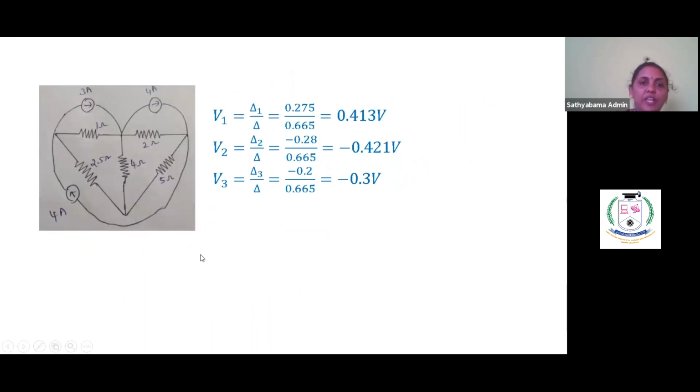Okay. Now after this you have to calculate the node voltages V1, V2 and V3. V1 is equal to del 1 by del, V2 is del 2 by del, V3 is del 3 by del. So V1 we have got it as 0.413, V2 minus 0.421 and V3 is minus 0.3. Okay.